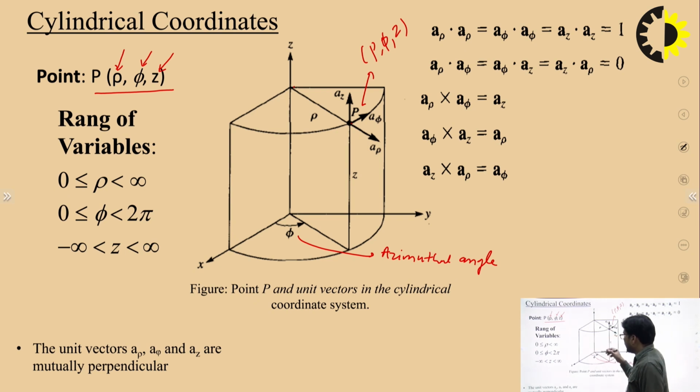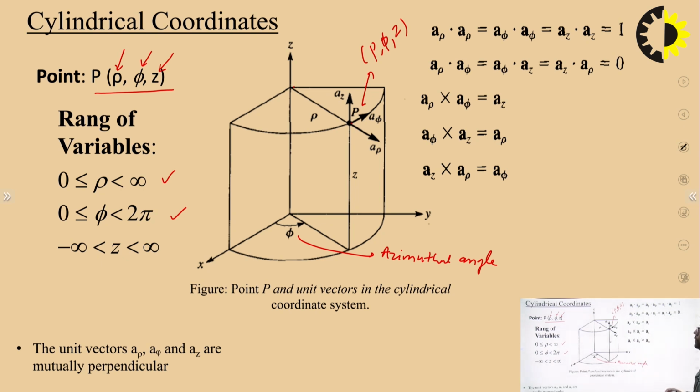That's why its range is from 0 to 2 pi. You can see here 0 to 2 pi, 0 to infinity, and z, similarly to the previous Cartesian coordinate system, lies between minus infinity and plus infinity. So this is how point P is represented in the cylindrical coordinate system.